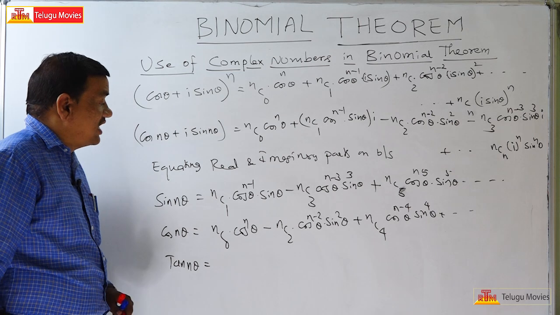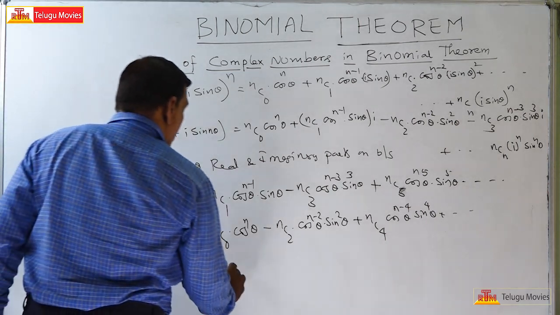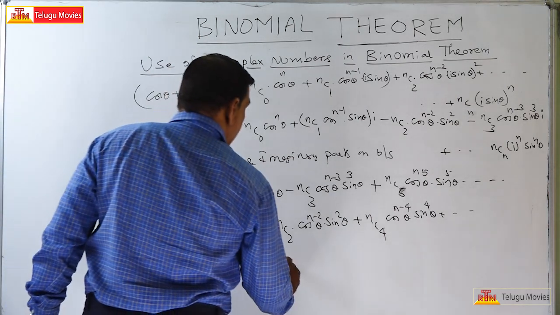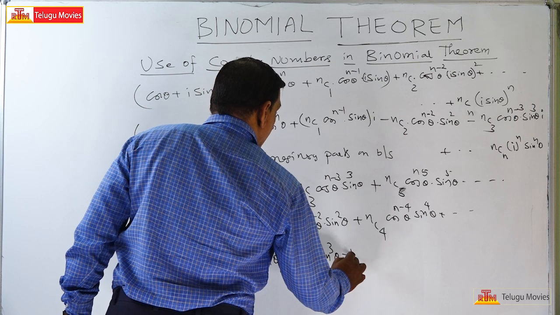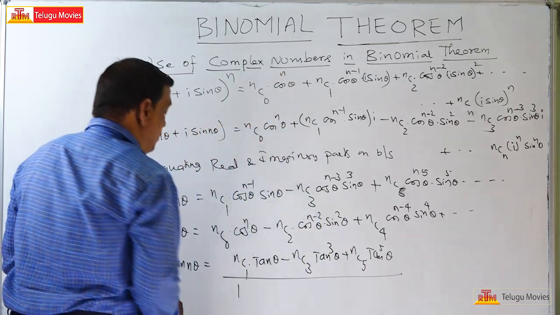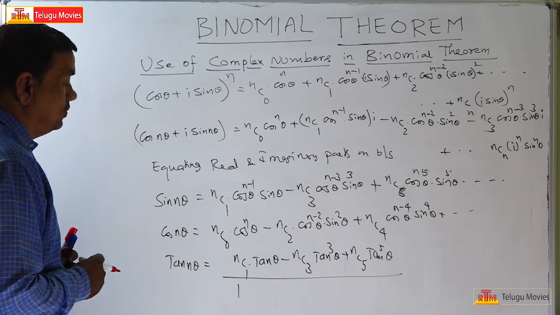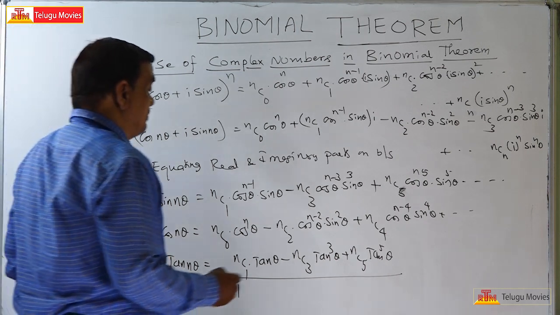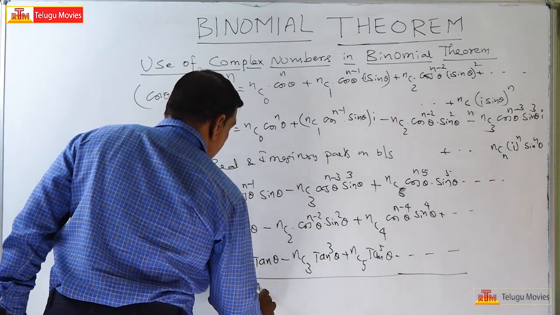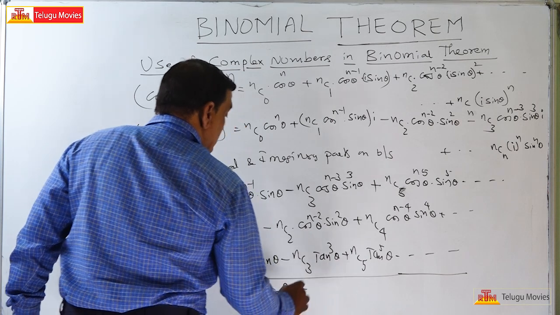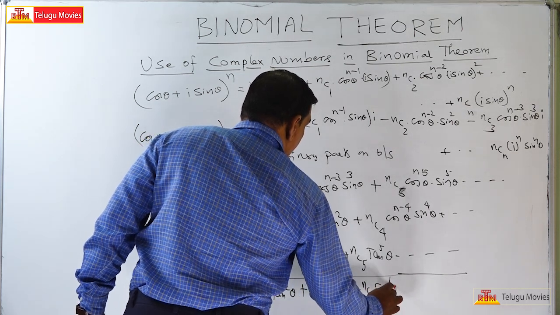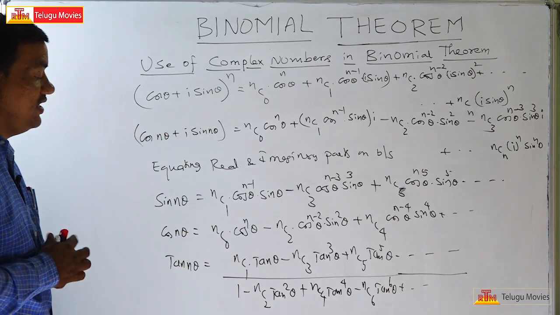Divide the first formula by the second formula, and after simplification you will get nC1 tan theta minus nC3 tan cube theta plus nC5 tan to the power of 5 theta, and so on, divided by 1 minus nC2 tan square theta plus nC4 tan to the power of 4 theta minus nC6 tan to the power of 6 theta, plus so on. So you will get this as an expansion.